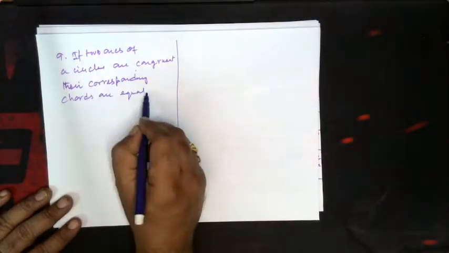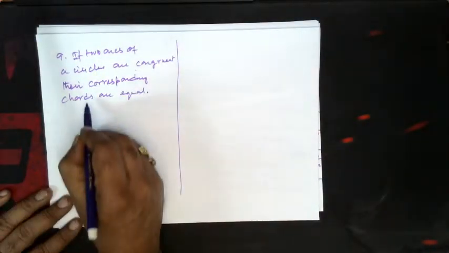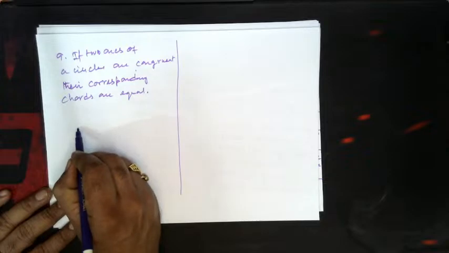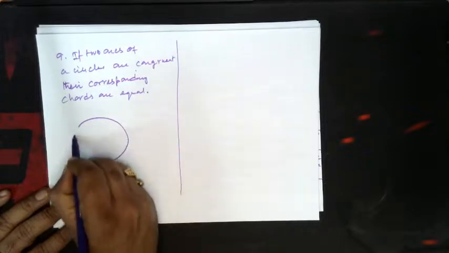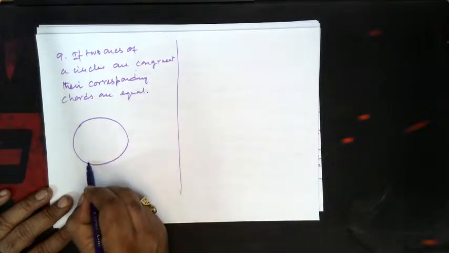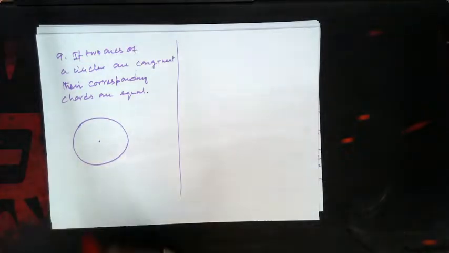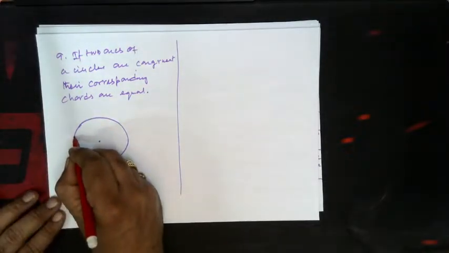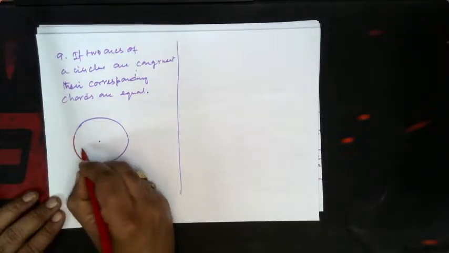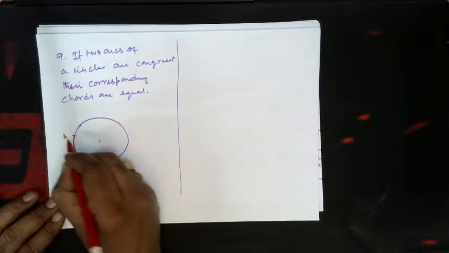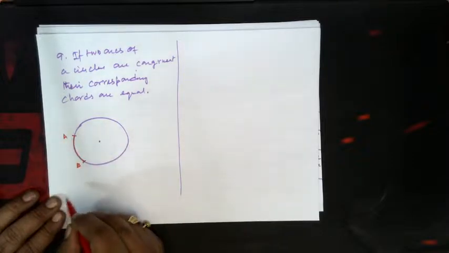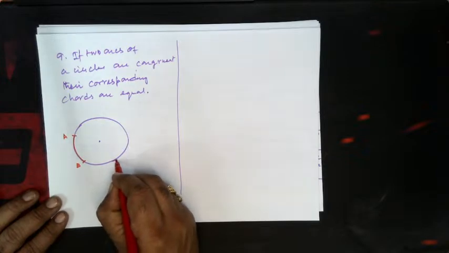Now in this case, let us have a circle. Two arcs of a circle means this is the center. I have an arc like this, arc AB, and I have another arc like this.